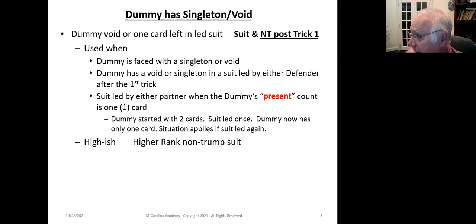If, for example, your partner plays the 4 on the second trick, you need to know that it's probable that the 8 and the 4 are outstanding, because the 4 then would be lowish. Now, if the 4 and the 3 are outstanding, and they play the 4, it might be highish, but it depends on you paying attention and noting which cards in that suit have not been played.